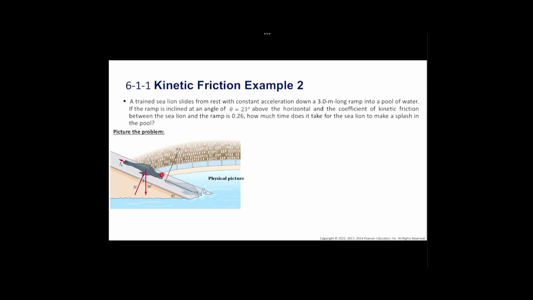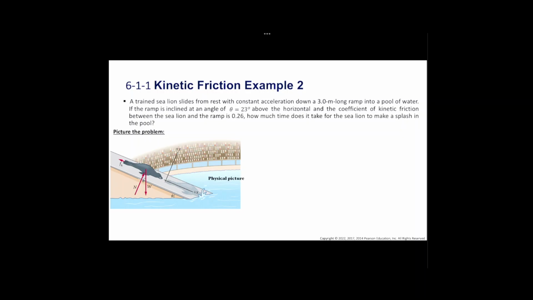The ramp is inclined at an angle theta, which is 23 degrees above the horizontal, and we are given the coefficient of kinetic friction mu k between the sea lion and the ramp. The value is 0.26, and we are asked to find the time it takes for the sea lion to make a splash in the pool.